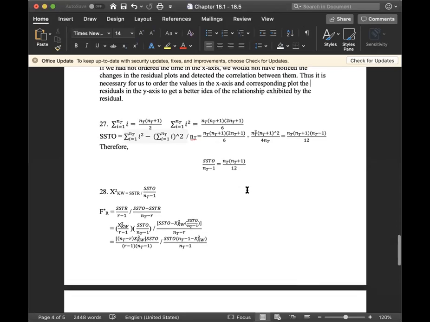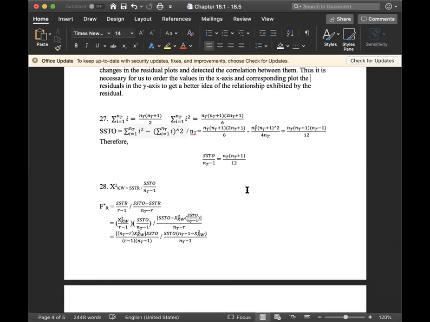And we show this by showing that the summation from i equals 1 to n sub t of i equals n sub t times n sub t plus 1 over 2, and we know that the summation of i equals 1 to n sub t of i squared is equal to n sub t times n sub t plus 1 times 2 n sub t plus 1 over 6.